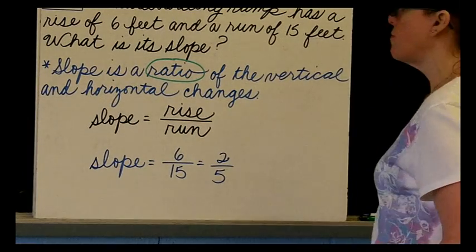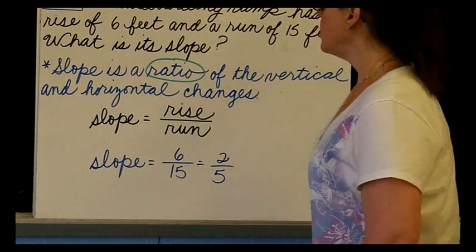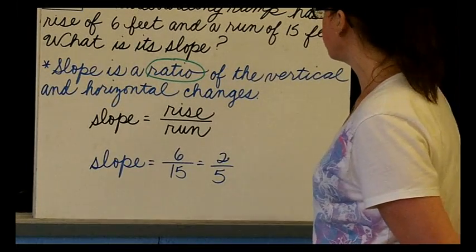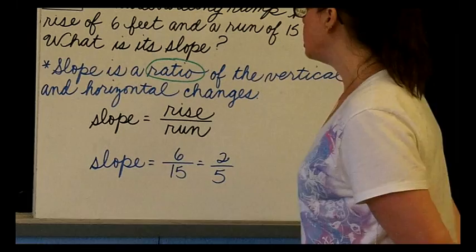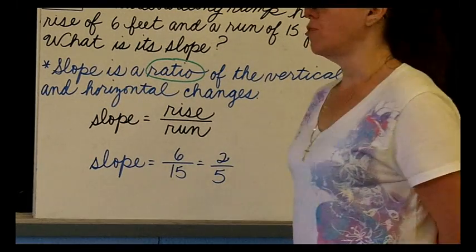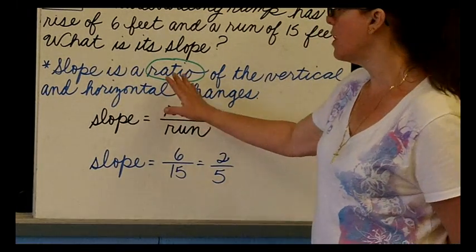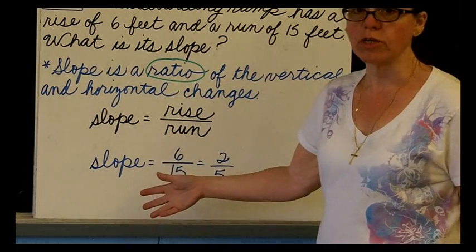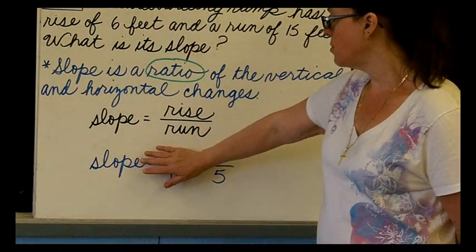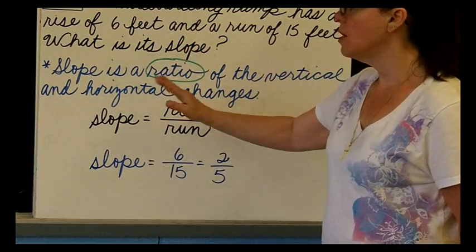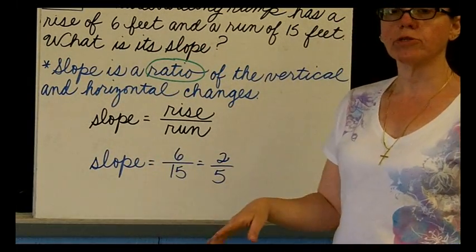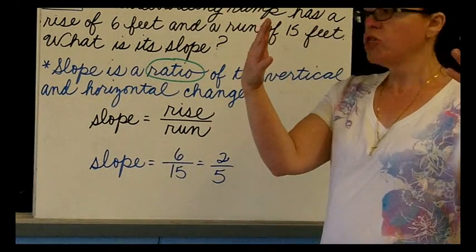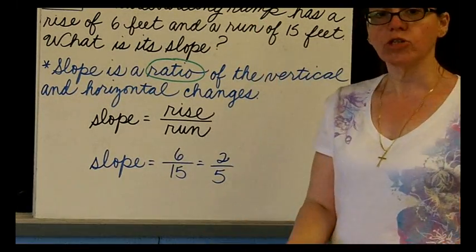In this lesson, we have 5. In example 1, a skateboarding ramp has a rise of 6 feet and a run of 15 feet. What is its slope? Now, as I said before, the fact that slope is a ratio means that there is a fraction. And so this is how we have to look at slope: rise over run, because remember, slope is a ratio of the vertical change to the horizontal change.